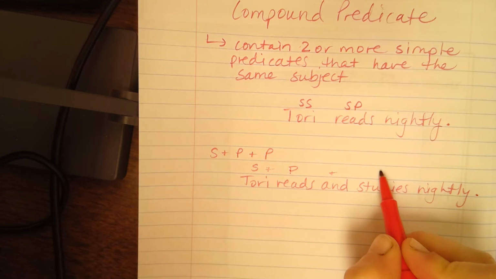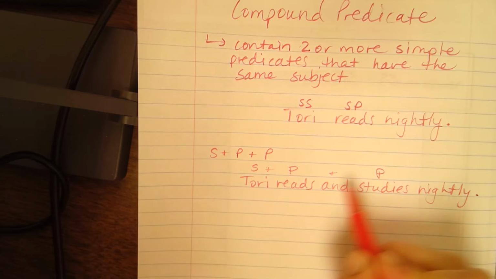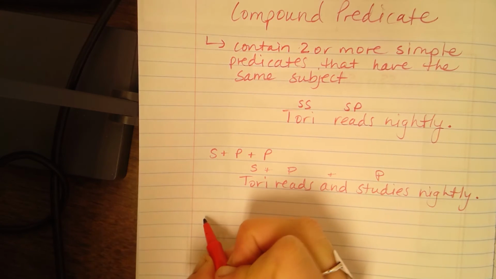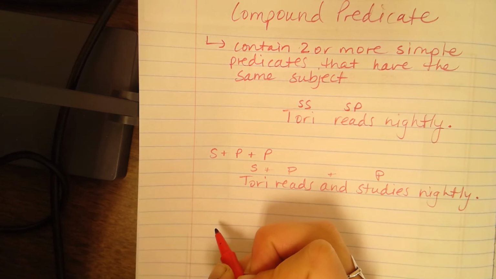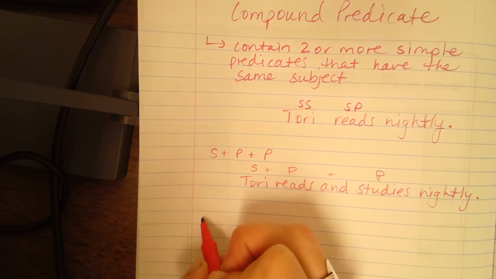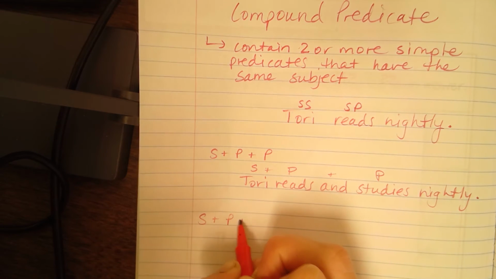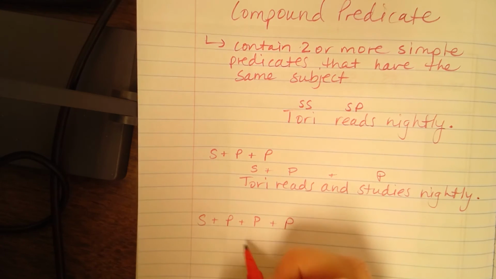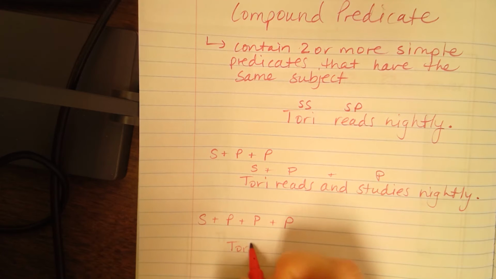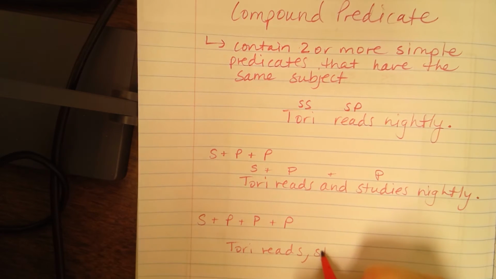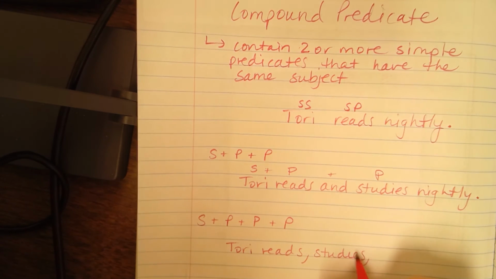Next level, and I'm just going off the pattern that we had in the foldables on the previous page. S plus P plus P plus P. We're going to add a third predicate. Tori reads, studies, and practices nightly.